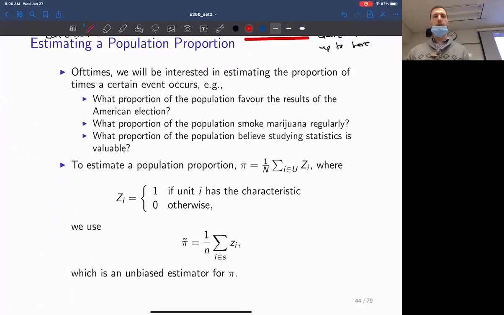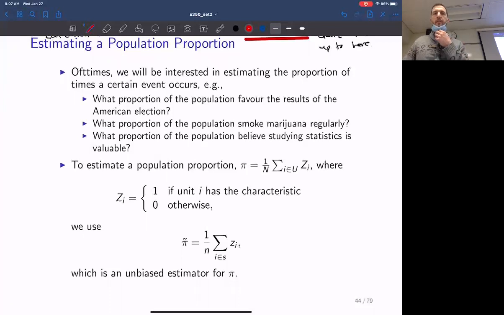Okay, so the next thing that we're going to talk about within the context of a simple random sample is estimating a population proportion. As you might imagine, this is going to work in an almost analogous way to how we estimated the population mean. The big difference here is that the variable we are measuring is no longer continuous. It's now qualitative, and in fact, it's binary.